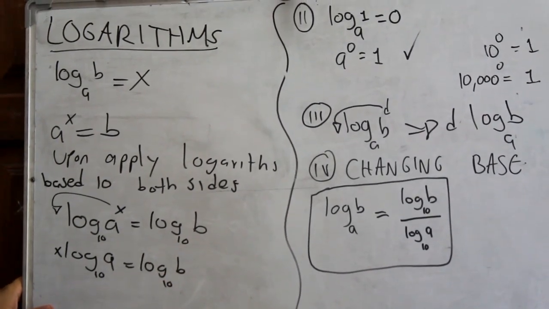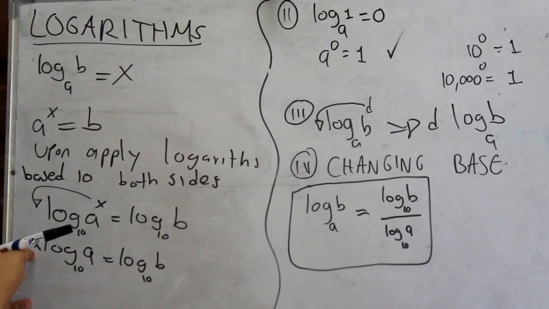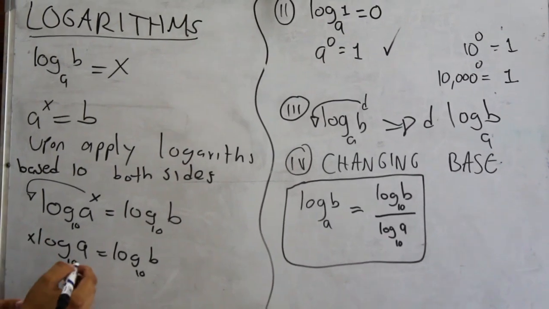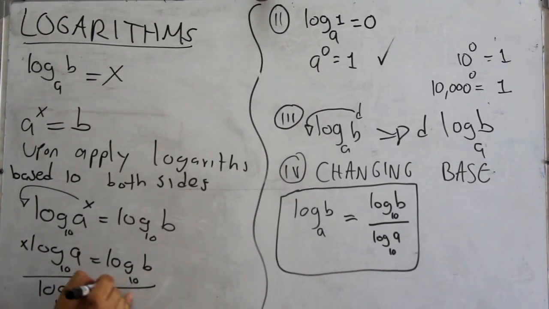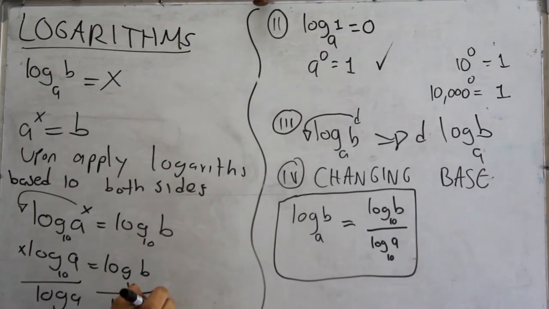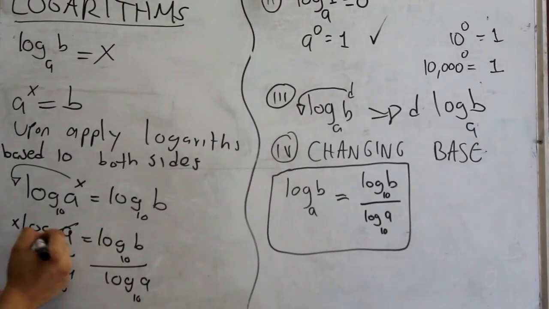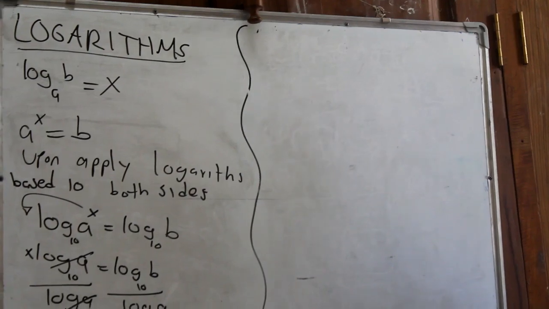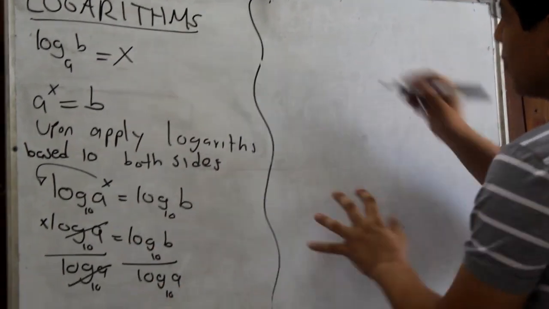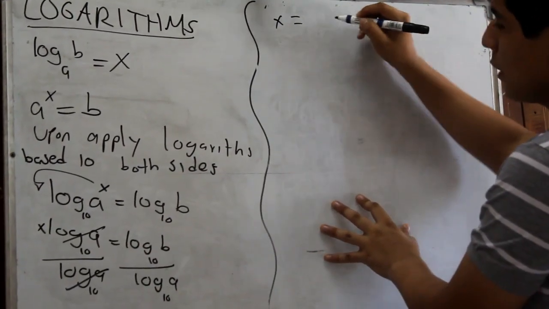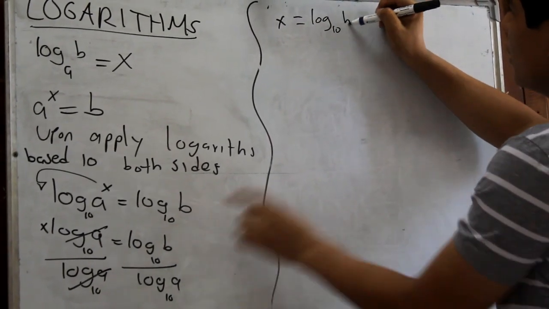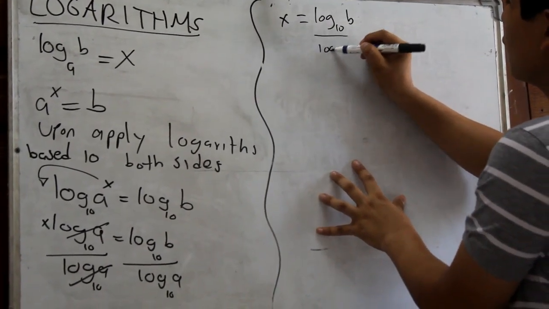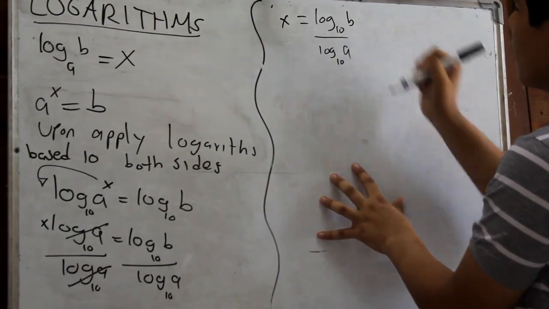Now guys, let's divide both sides by logarithm of a base 10. So this one will die. These two here died, so it means that x is equal to logarithm base 10 of b over logarithm base 10 of a.